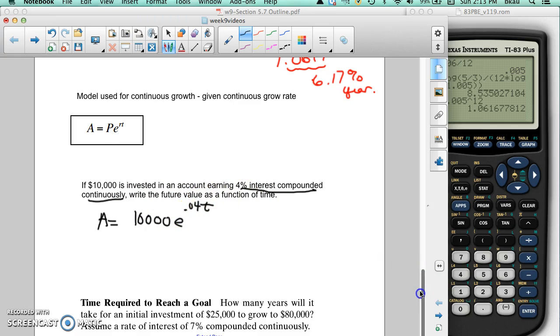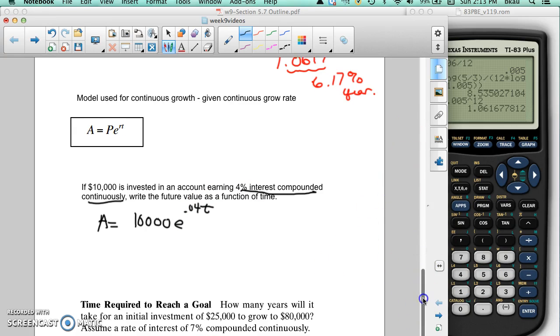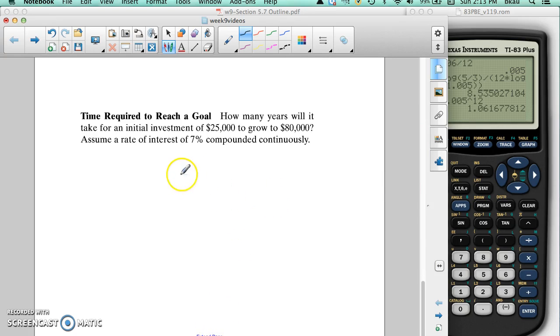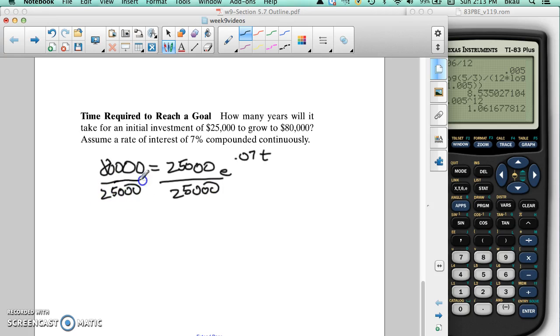Now we're going to do an example like this. Hopefully you'll see the same method happens here. In this case we have 80,000 equals 25,000 e to the 0.07t power. We're going to divide by 25,000, and then take the natural logarithm.